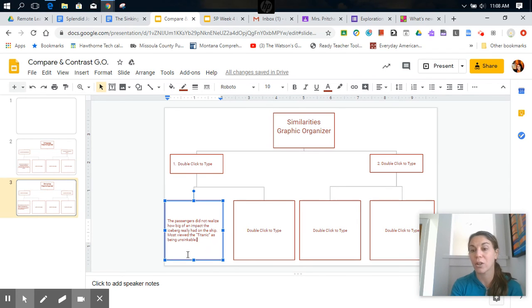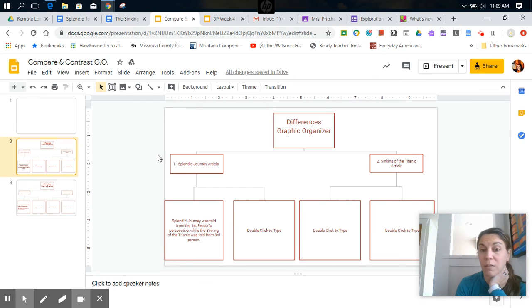And so in both articles, whether it was first person or third person, they kind of had that same feeling that they did not realize how big the impact was and they thought that it was unsinkable. So what I want you to do is see if you could find three more similarities. Okay, and then again up here, you're seeing if you can find three differences between those two articles.